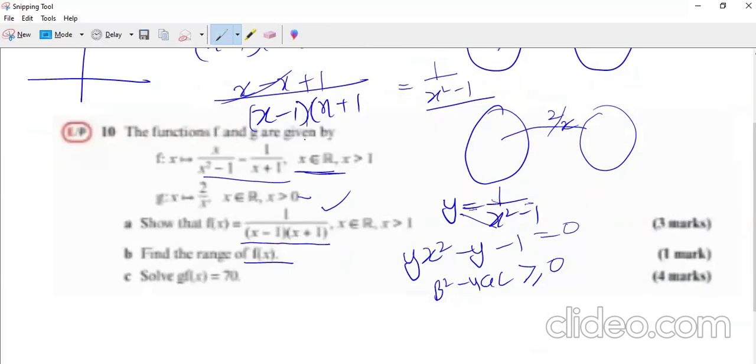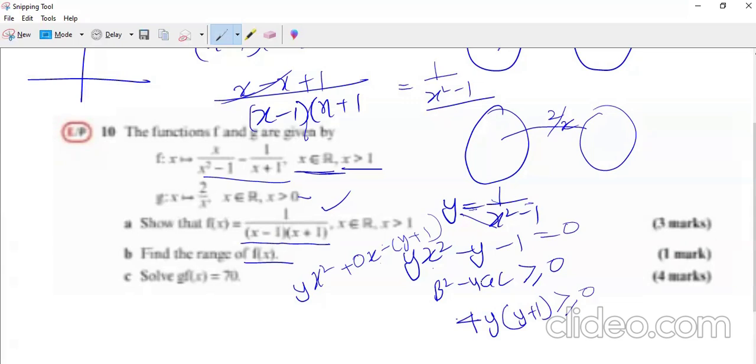First, what is b? It's 0 here, because I can write this as y x² plus 0x plus (minus y plus 1). So b is 0 and it goes away. So it's 4 into y plus 1 has to be greater than or equal to 0. So this is the condition.